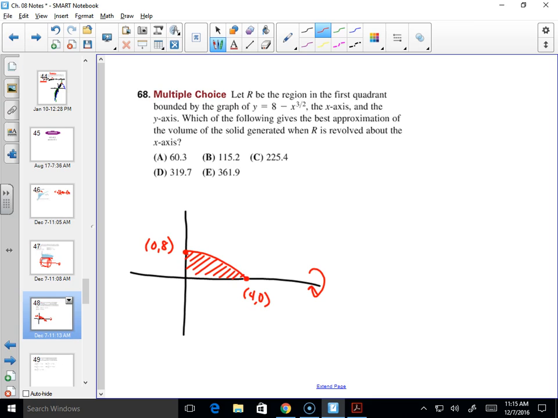And so I can just make it dx. Top minus bottom will be my radius. Find the bounds with your intercept, so we know it's from 0 to 4 since we're doing dx. It's not a washer, it's a disk. Top minus bottom would just be the function.